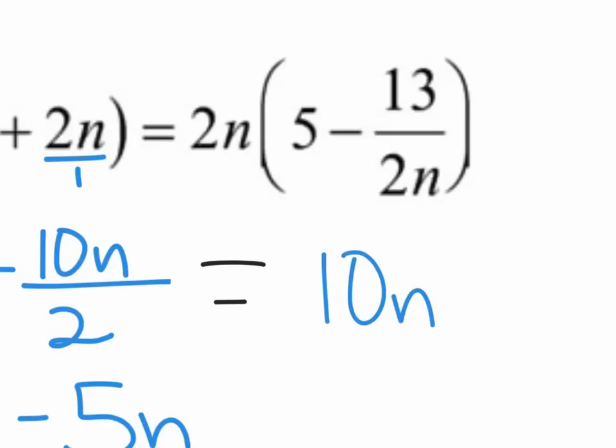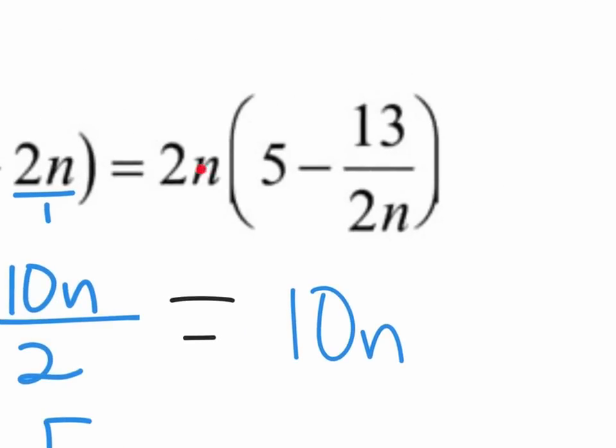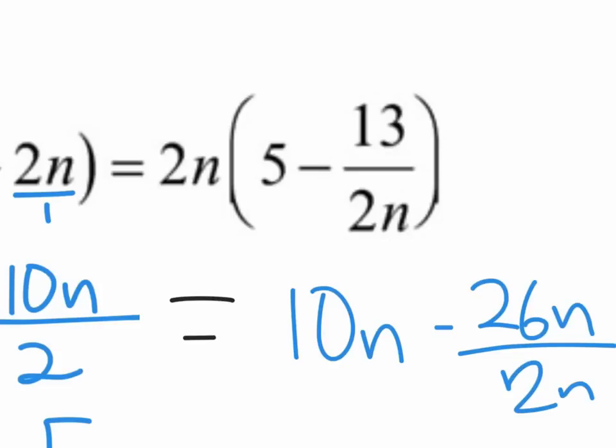And then 2n times negative 13 is going to give us negative 26n over what? 2n, because 1 times 2n is simply 2n.